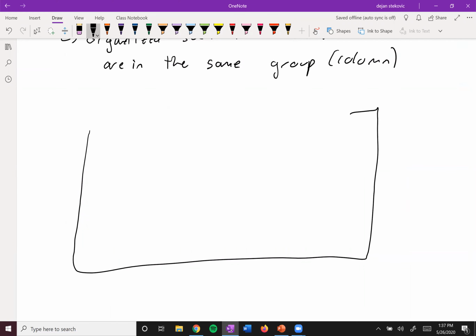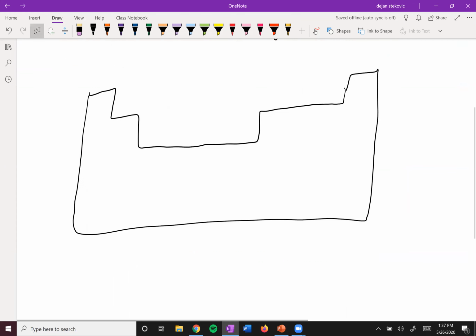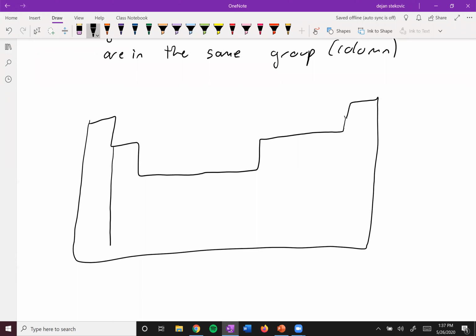So let's take a look at the different groups and what they are called. So first up, in this hydrogen and lithium group, hydrogen's a little weird, but that's okay. Everything in this group is an alkali metal.